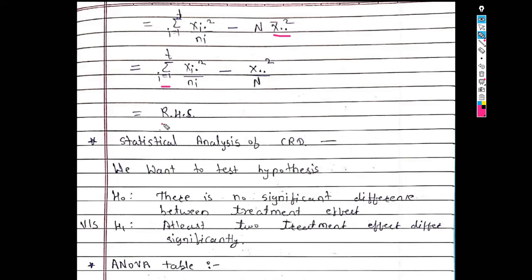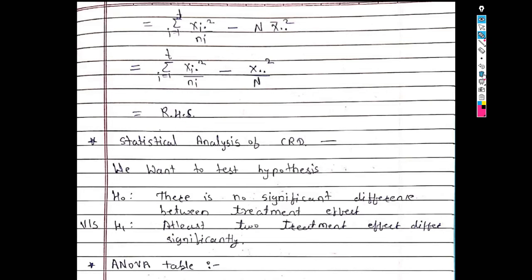In this way we get the RHS of our theorem. So when we solve any example based on completely randomized design, instead of using the formula which we considered earlier, we use this simple formula to find treatment sum of square for that particular data in completely randomized design.